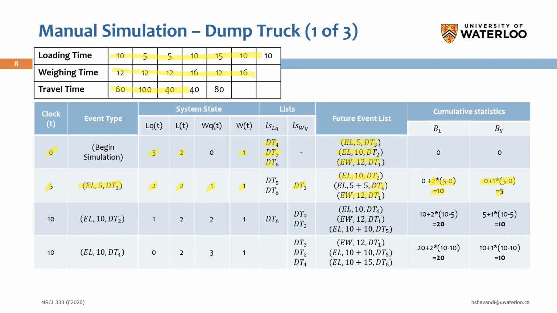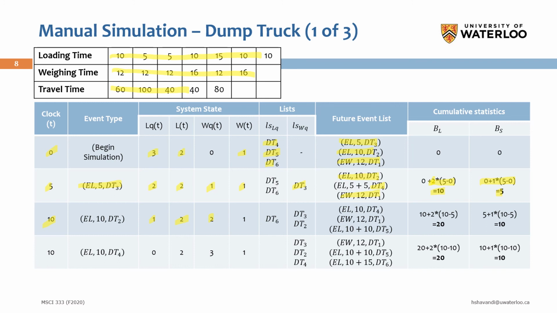Okay, so we go to time 10. Again, there's another end of loading here for dump truck 2. So the number of dump trucks waiting in line for the loading station drops to 1, and still nothing changed for the number of trucks being loaded, but the number of trucks waiting in line for the scale increases to 2.